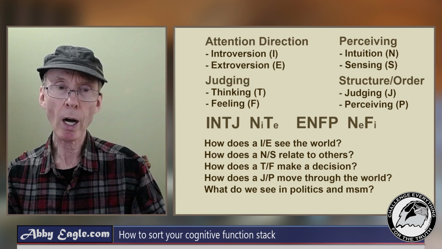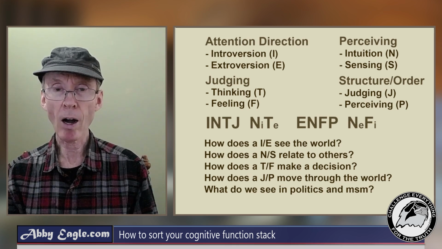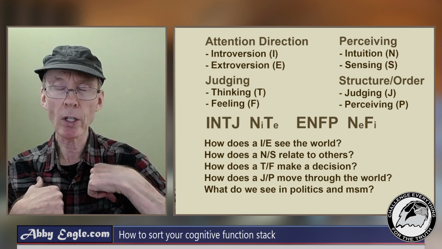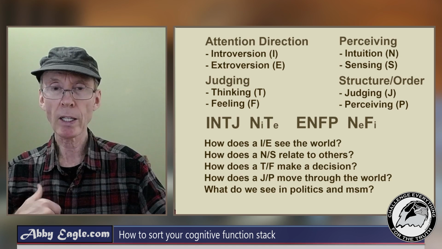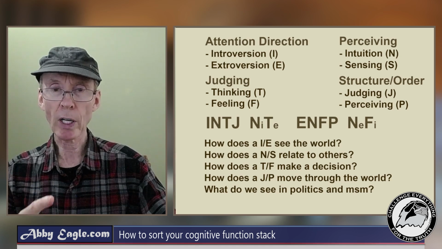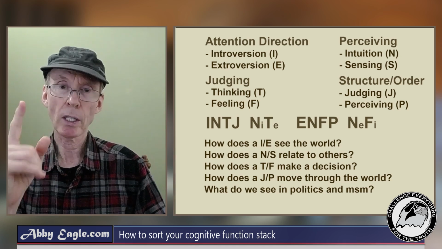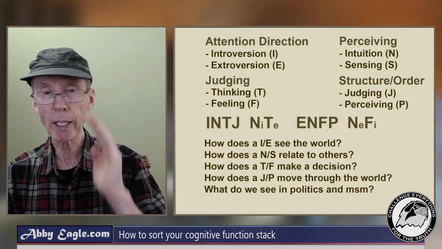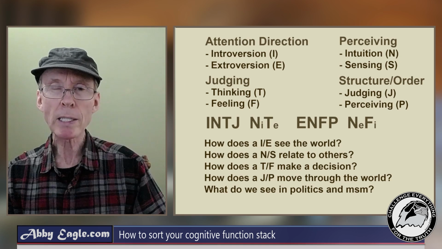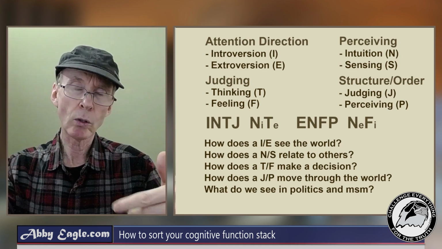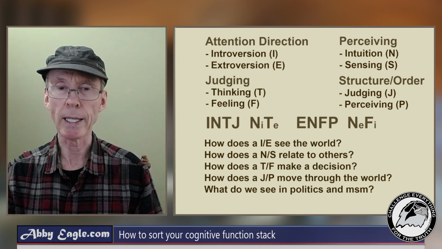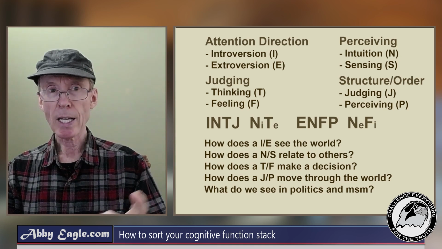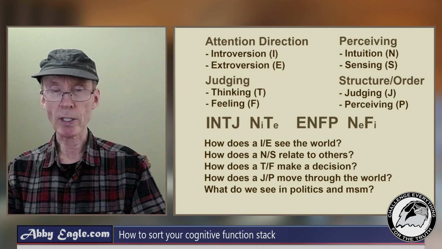So you put a little I next to it. So you get NITE. And since I'm an introvert, the NI goes at the front. That's my dominant function. My secondary function is extroverted thinking. Introverted intuition, extroverted thinking. When you know that about somebody, because then you can get the other two in the back seat, when you know that Abby's NITE, it makes a lot of sense if you understand personality type.